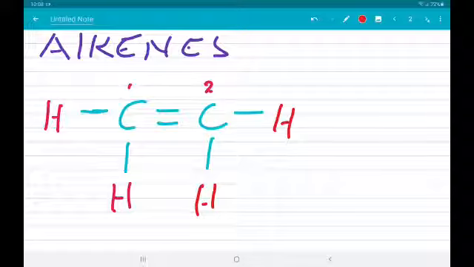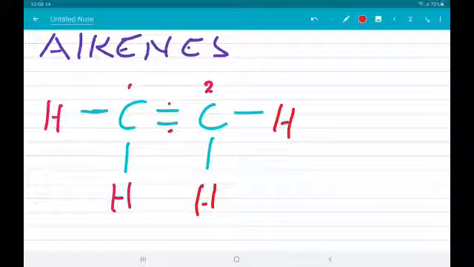Now count, children. For the first carbon, 1, 2, 3, 4. Similarly for the second carbon. The common bonds for both are the middle two, and the hydrogens are their own respective ones.